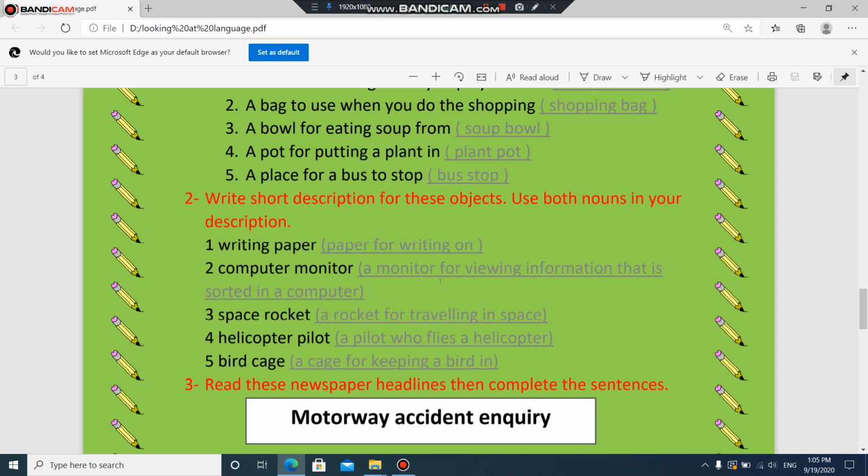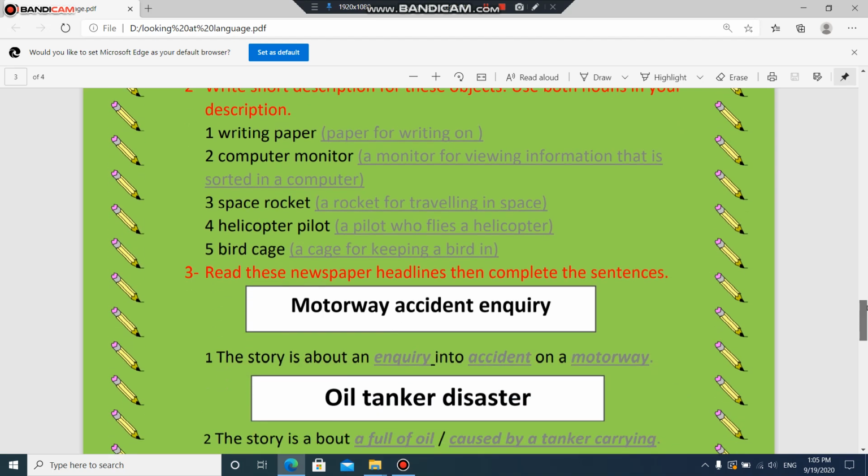Computer monitor, a monitor for viewing information that is stored in a computer. Space rocket, a rocket for traveling in space. Helicopter pilot, a pilot who flies a helicopter. 5, bird cage, a cage for keeping a bird in. And so on, guys. Okay, so you have to memorize.